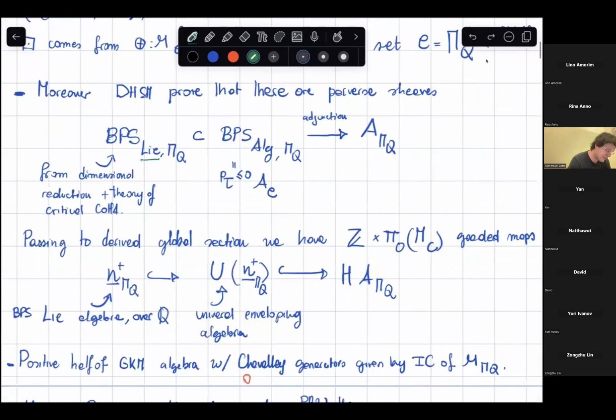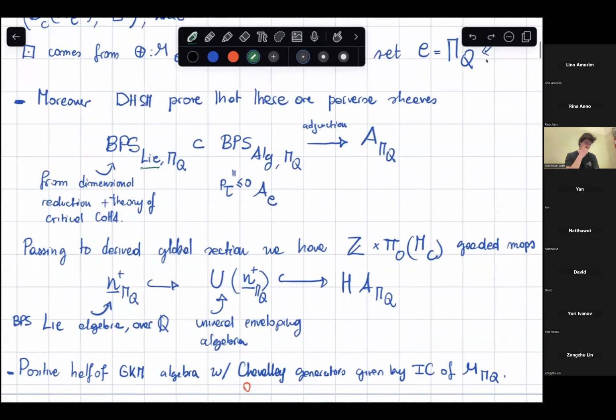So before ending this introduction, I should stress that this BPS Lie algebra, obtained by considering derived global sections of the BPS sheaf, is the positive half of a GKM algebra. More precisely, it's some kind of a Borcherds Lie algebra whose positive part is this one.